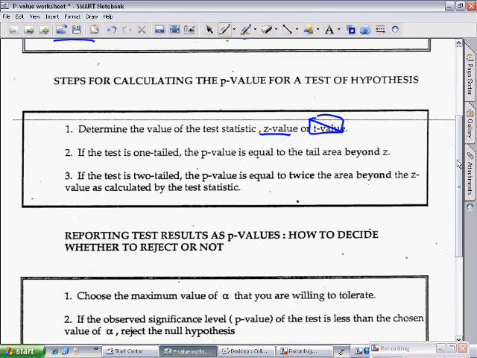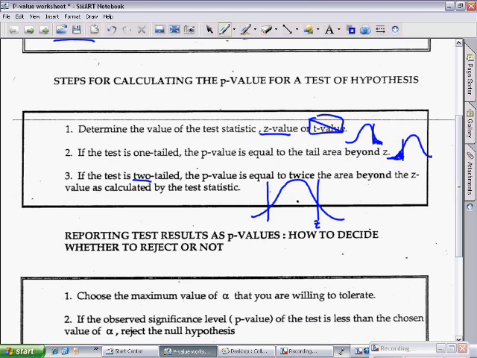Now what does that mean? Well, if it's one-tailed, it means I'm looking at this. So the p-value would either be that shaded area or this shaded area. If it's two-tailed, that means we have a test that looks like this.